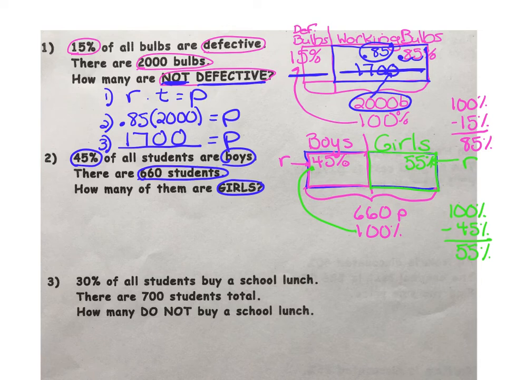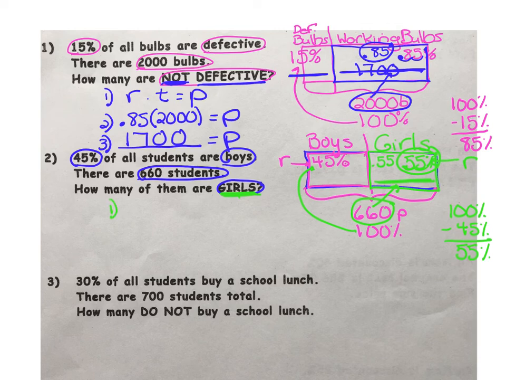Now, they want to know how many girls. So out of 660, what part of the group goes there? So we're going to use this rate and this total in the formula. Move the decimal twice and convert to 55 hundredths.